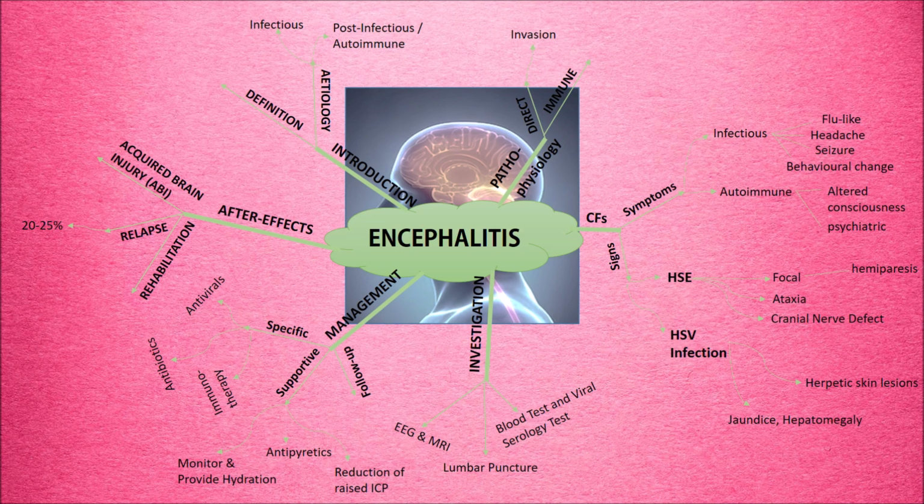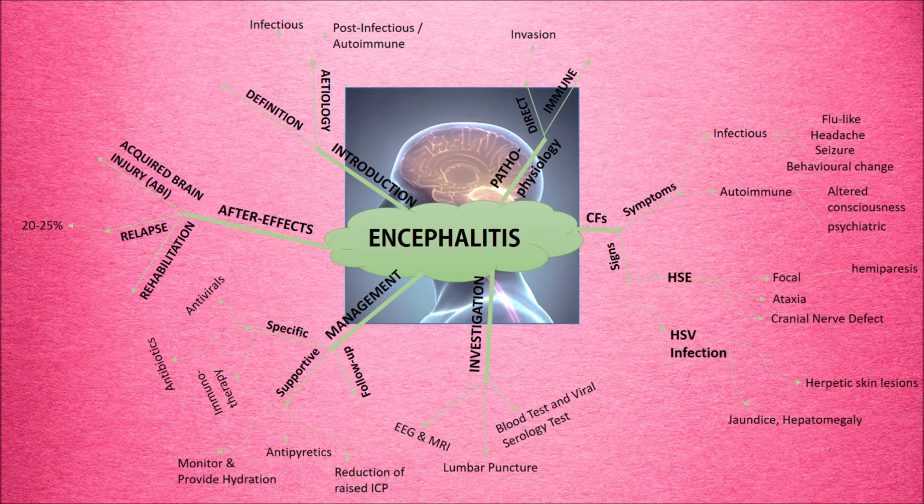Then we move on to the signs of encephalitis. For example, we take HSE, which is herpes simplex encephalitis. If it is focal, then the patient may have hemiparesis, may present with ataxia, or may have cranial nerve defects. For HSE, we can also look for evidence of HSV infection in the body.